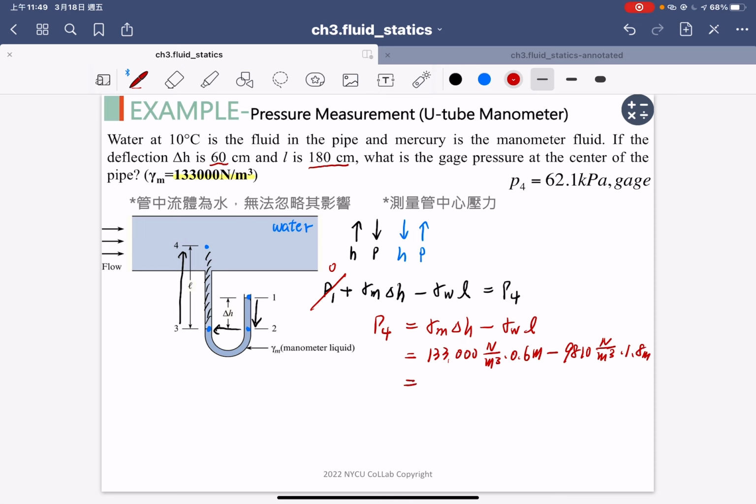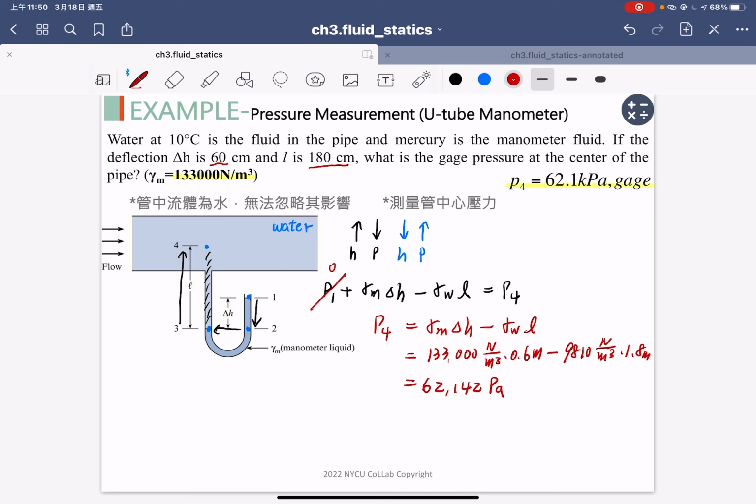So you can compute the gauge pressure located at P4, the fourth station. 133,000 multiplied by 0.6 minus 9810 multiplied by 1.8. So the answer is 62,142 pascals. Okay, so it's quite close to the answer showing here.